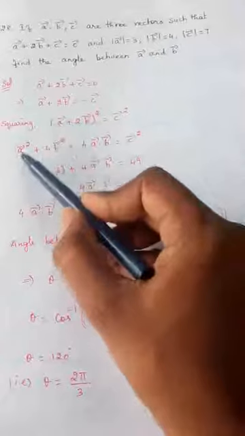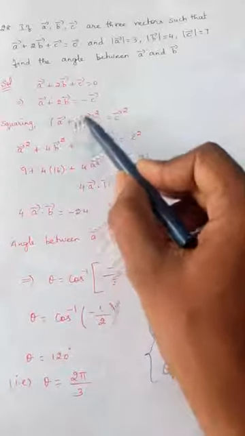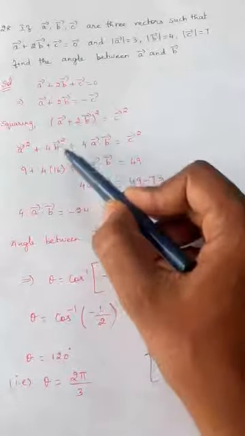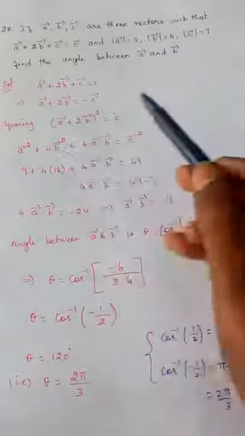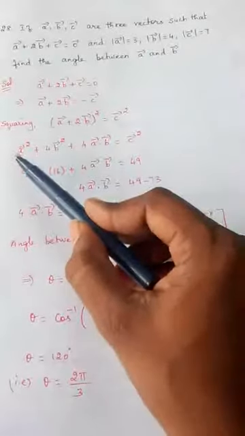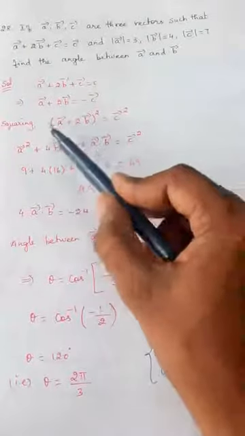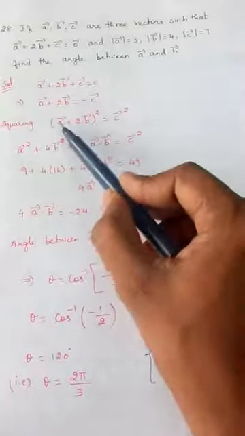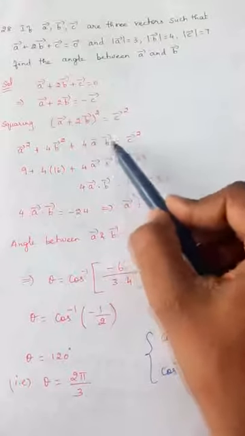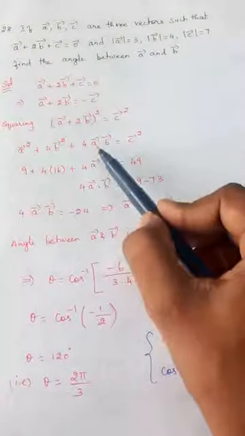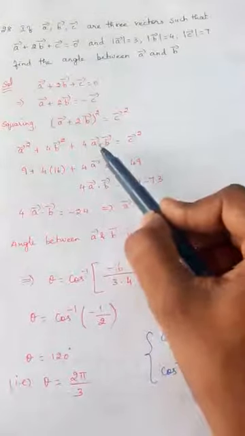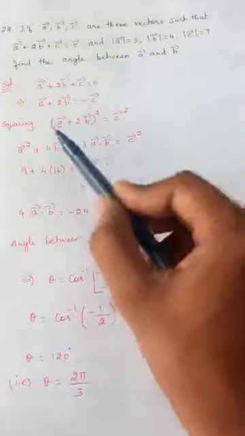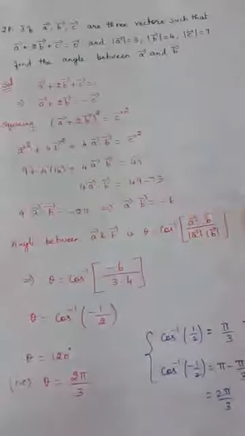we write this as A vector square plus 4 B vector square, because squaring 2 becomes 4 and B vector becomes B vector square. So A vector square plus B vector square plus 2AB, 2 into 2 is 4, A vector dot B vector. While discussing the properties, I stressed this point: we should write A vector dot B vector while applying the A plus B whole square formula.